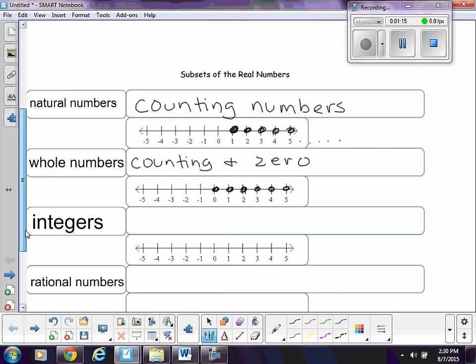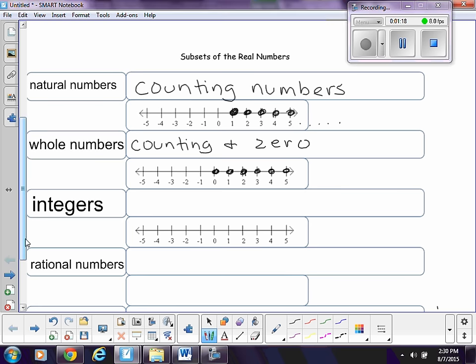Our next subset is called integers. When looking at integers, that means that we're including the numbers that we count, so that's going to be the counting numbers: 1, 2, 3, 4, 5, and so on.